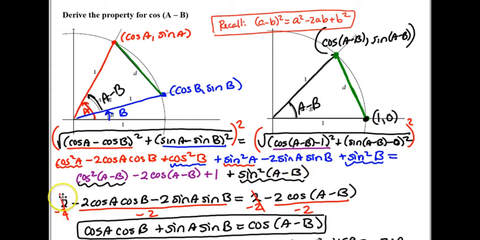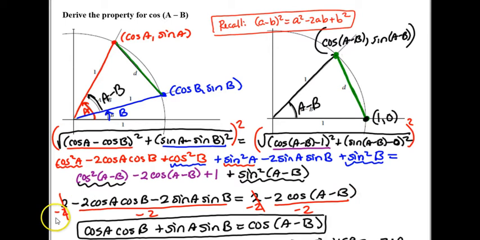So that's what I have here, 2 minus 2 cosine a cosine b minus 2 sine a sine b. On the right-hand side, cosine squared of a minus b plus sine squared of a minus b equal 1. I have another 1 here, which gives me 2 minus 2 cosine a minus b.